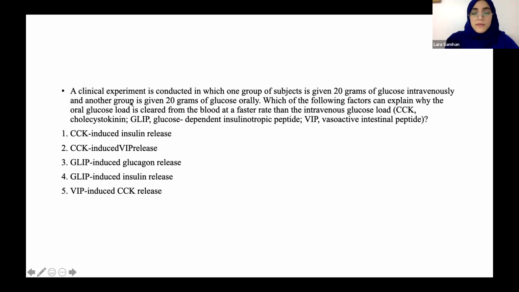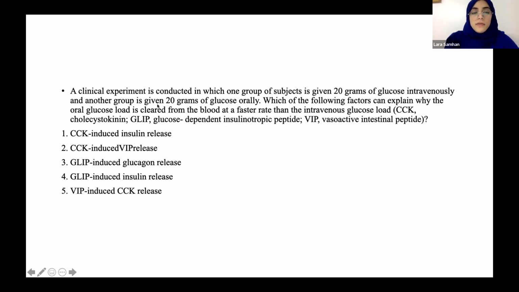So as we said, even though this question might seem a bit long, it's talking about glucose in general. And none of these options really talks about glucose as much as number 3 and number 4 do. So number 3 says GIP-induced glucagon release, and number 4 the insulin release. We mainly care, as we know, that insulin's main function in the body is to decrease or maintain normal glucose in the blood, right?